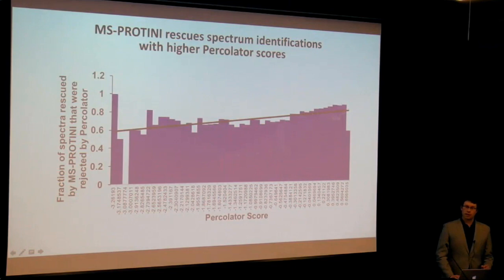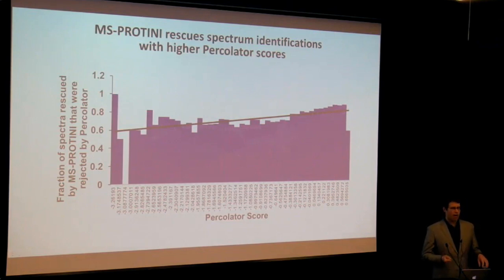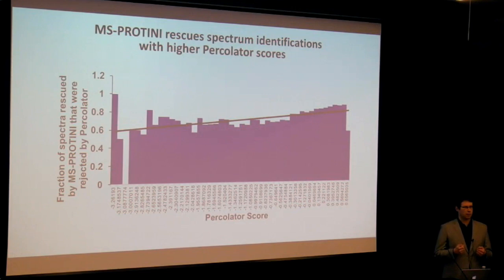So we were saving the vast majority of the hits that were deemed borderline by Percolator. As we move down, we have hits that are less and less confident, and our proportion goes down. So we're not simply uniformly sampling across the hits that Percolator is rejecting; we have more rescues amongst the hits that were borderline. Again, it's hinting that the protein-protein interaction information is coming in and giving the little boost that you needed in the confidence assessment of the identification.